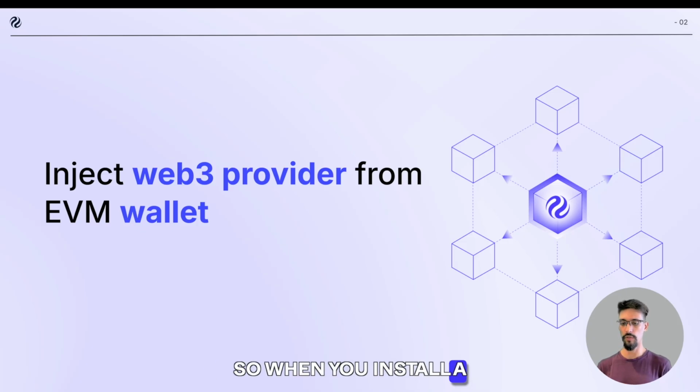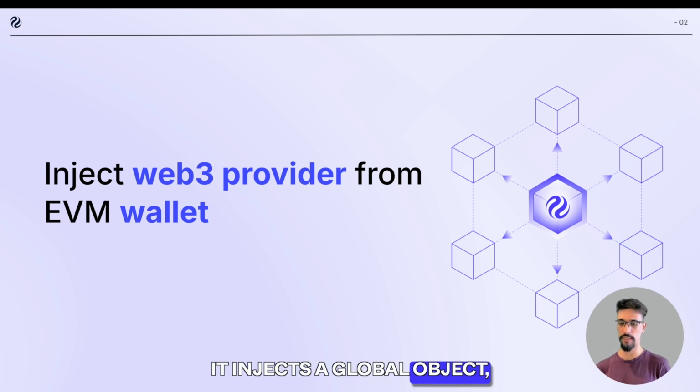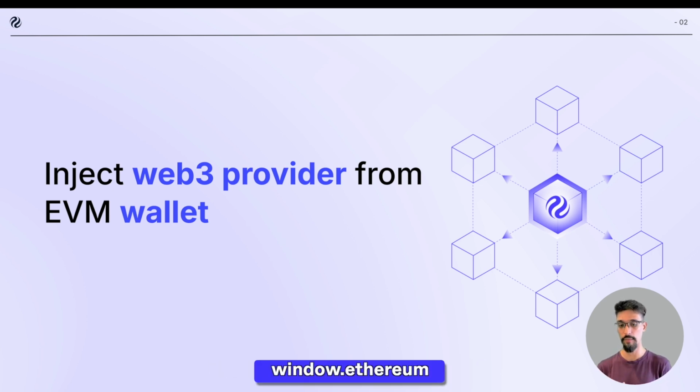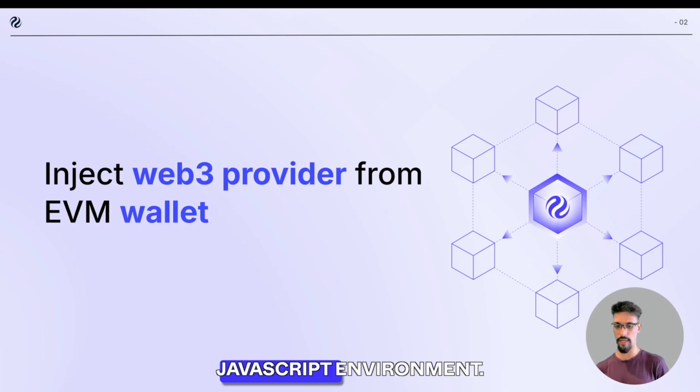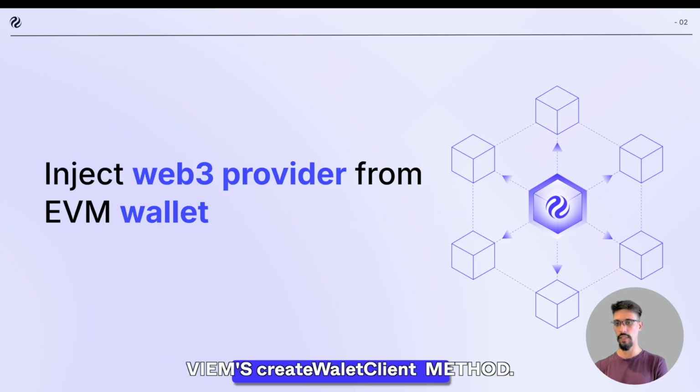So when you install a browser extension wallet such as MetaMask, what does it do when you visit a dApp or any website? It injects a global object and is accessible as window.ethereum within the browser's JavaScript environment. And what we're going to do is to take that object and pass it into viem's createWalletClient method.